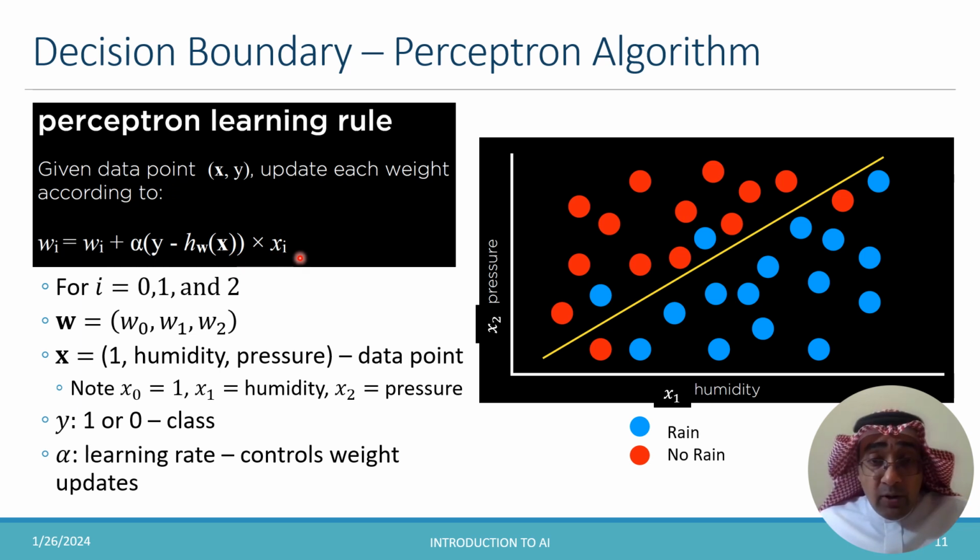Now notice, if all the values of x were positive, and my predictor is smaller than the actual value, this will become a positive number because my actual value is larger than the predicted value, and this will actually increase the weight so that the weight can rise to the level that we want. And on the other hand, if the predictor was larger than the actual value, and given that this is always positive, what will happen is that this value will become negative.